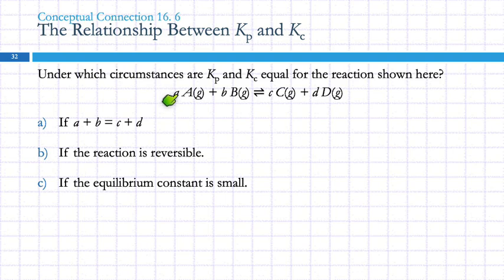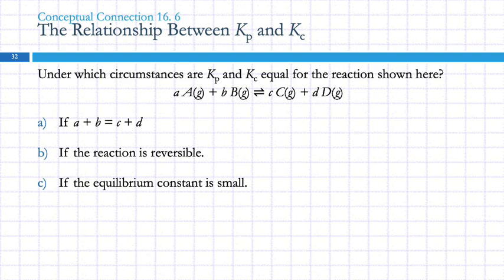If A plus B equals C plus D, what is that saying? That is saying this is the moles of this gaseous product and the moles of that gaseous product, total moles that you start with. And C plus D, these are also gaseous products, total moles that you end up with. If you have the same number of moles on both sides, when you do that complicated derivation, all the RTs cancel out.